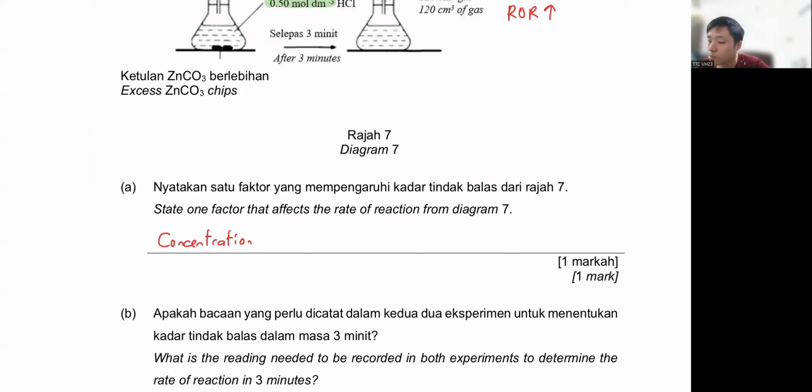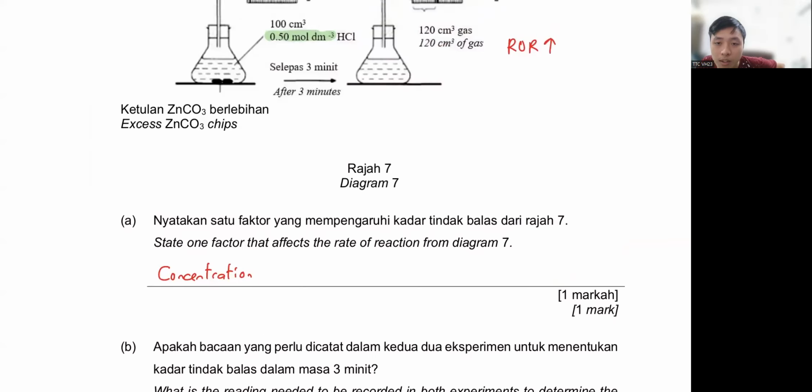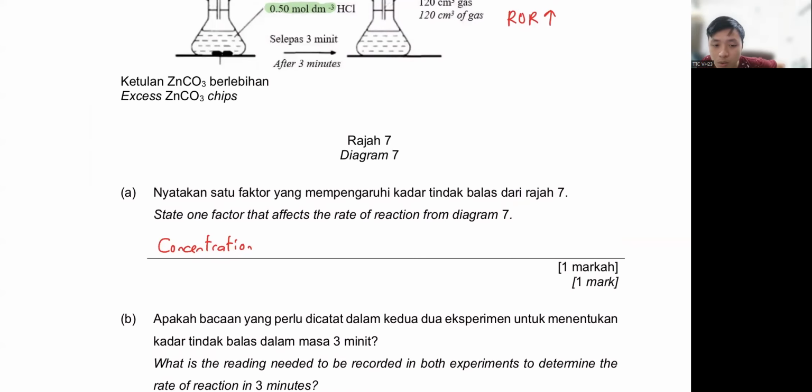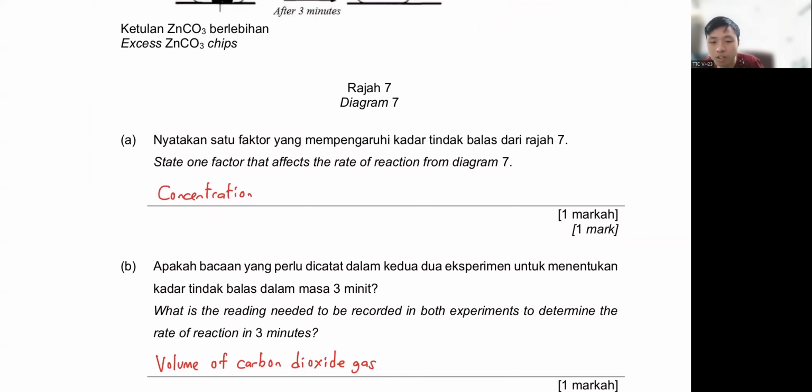What to read? As I told you earlier, how much gas is collected. How to measure it? cm cube, which is a measurement of volume. So the volume of carbon dioxide collected.